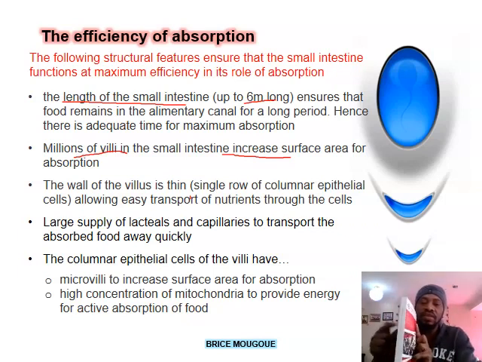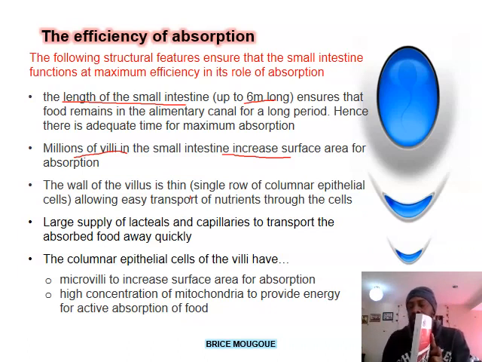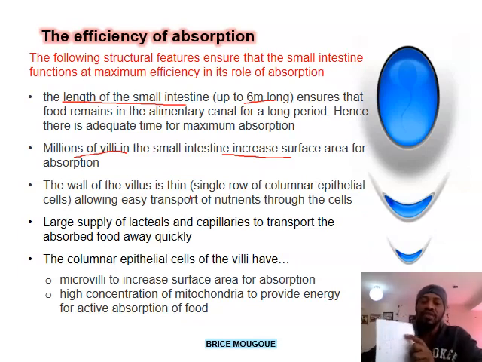It means we couldn't easily pass through that. This would prevent nutrients from getting easy access to the blood capillaries or the lymph, from where they have to be distributed to all parts of the body. So a thin wall ensures that absorption occurs very efficiently.